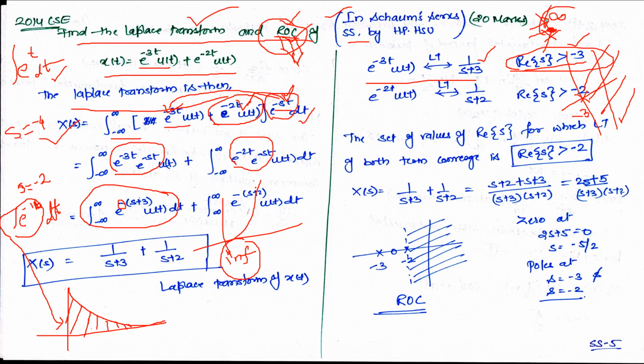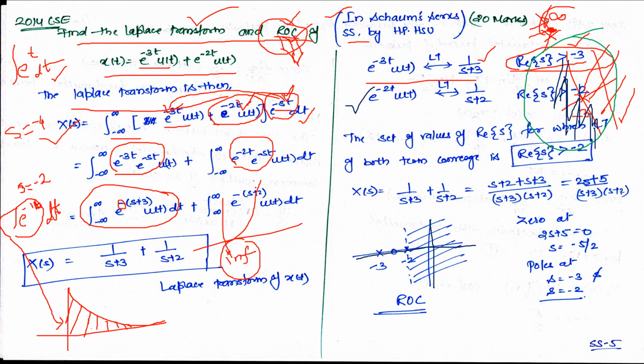If you look at this portion which I have drawn here, the left-hand side of minus 3 cannot be the region of convergence. Similarly for e power minus 2, the right side of minus 2 is the region of convergence. I have plotted it here for your reference.